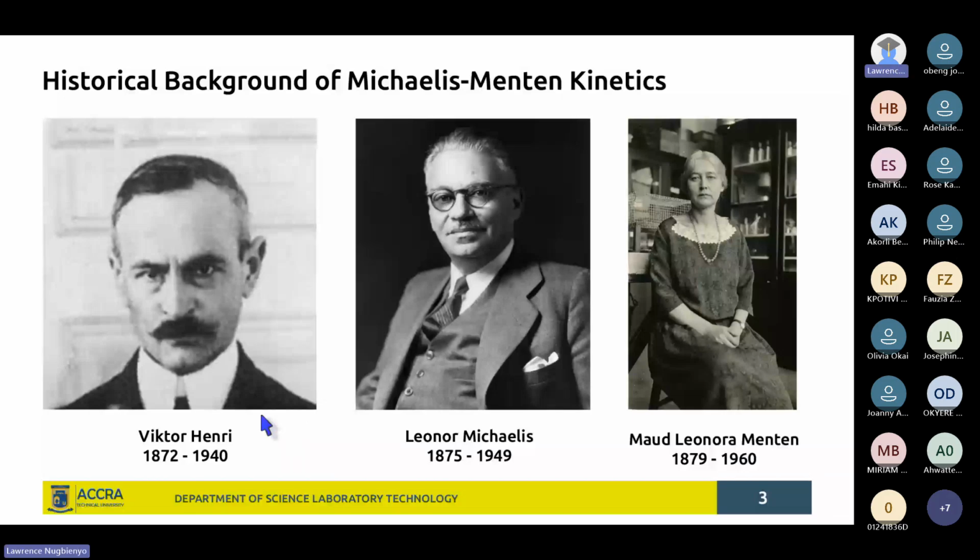So in their work, they were now able to more comprehensively work on what Victor had done much earlier and brought out what is referred to as the Michaelis-Menten constant, the Michaelis-Menten equation.